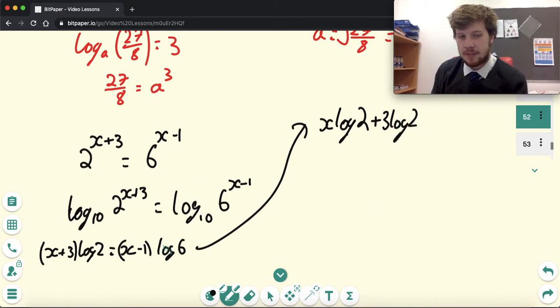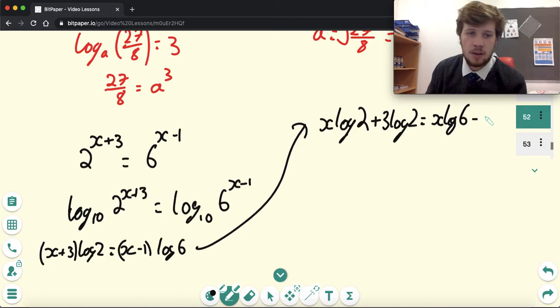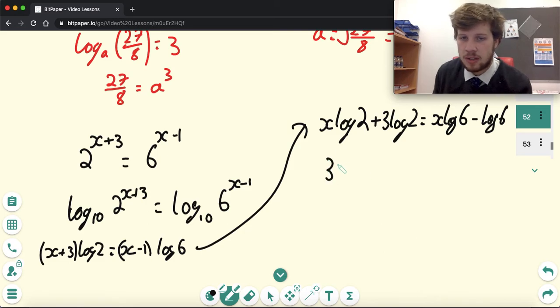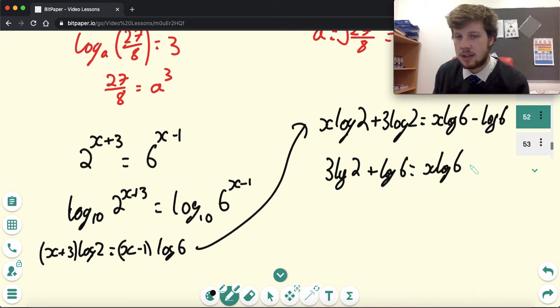I'm going to just expand the other side as well, which will give me x log 6 take away log 6. From here, I'm going to add log 6 and take away x log 2. So that gives me 3 log 2 add log 6 equals x log 6 take away x log 2.